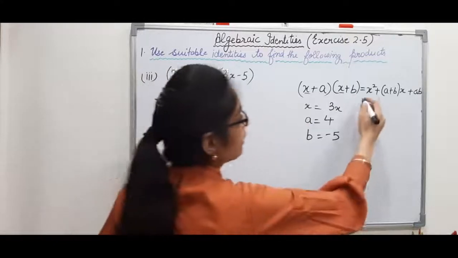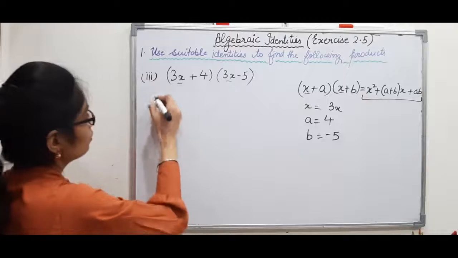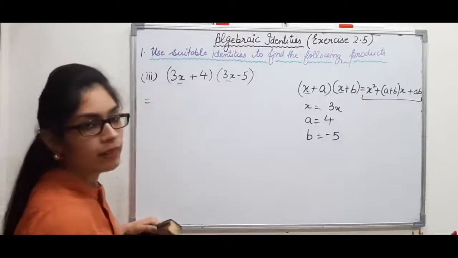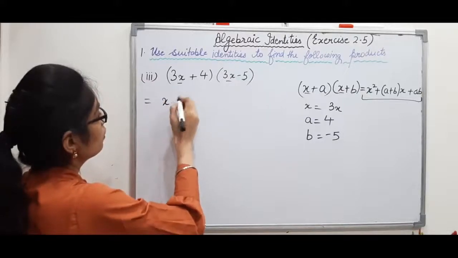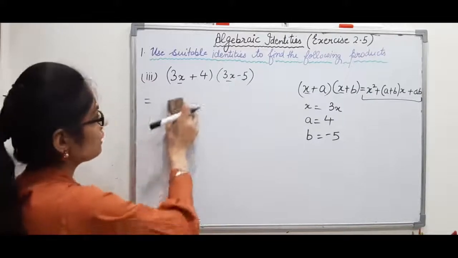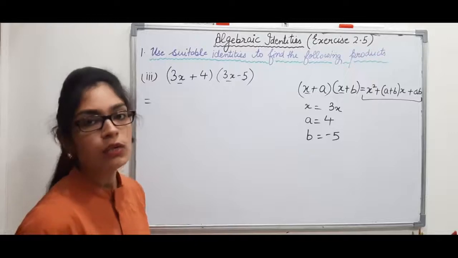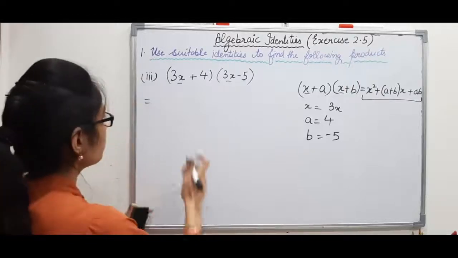Now we will use the expanded form. We just have to substitute the values of x, a and b. In place of x, wherever x is there, you have to use 3x now.